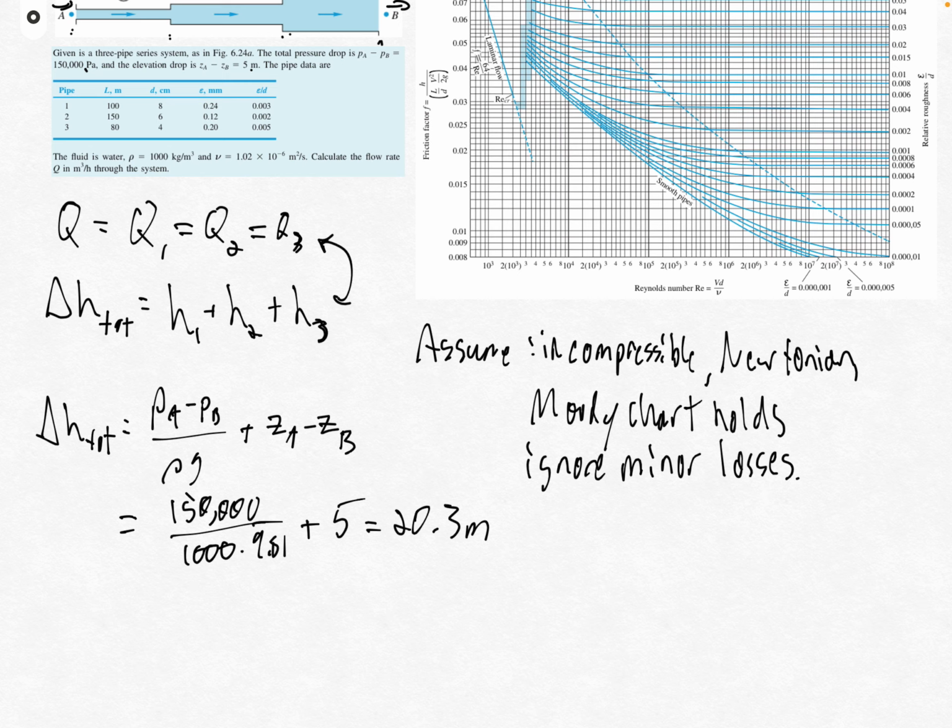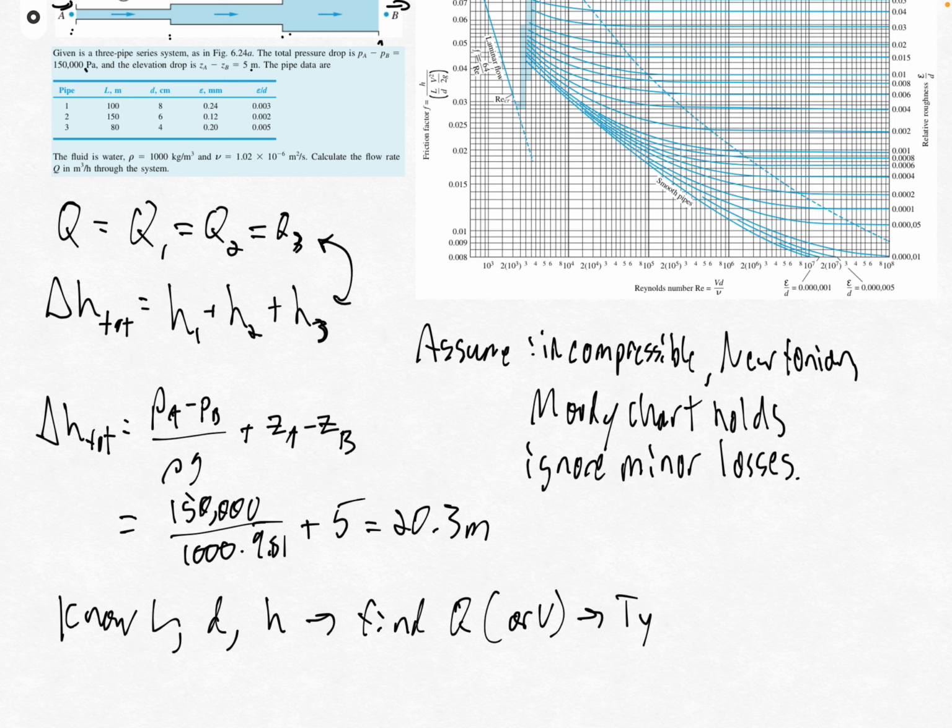Our basic solution method here is going to be to construct a relationship which will let us quickly iterate to find our solution, because in this case we know L, D, and H. We're trying to find Q or V. Your textbook calls this a type 2 problem, and it generally involves some kind of an iteration when we have turbulent flow.